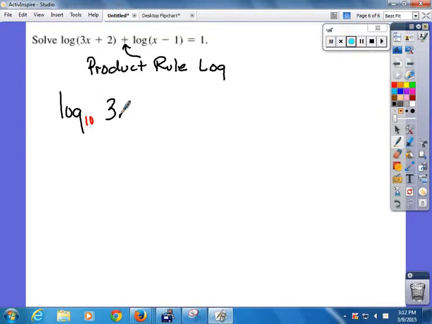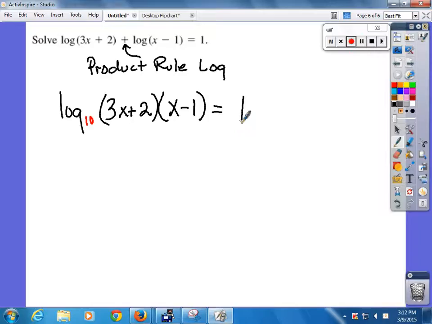3x plus 2 times x minus 1 equals 1. Okay, now what? Yeah, use your FOIL, pronounce it however you'd like. Now you can't distribute that log across it. You can distribute the log of a number across something because that's a number.